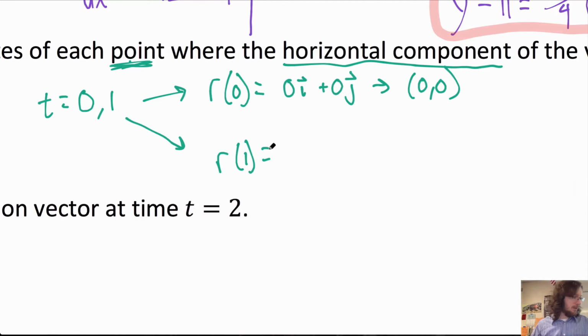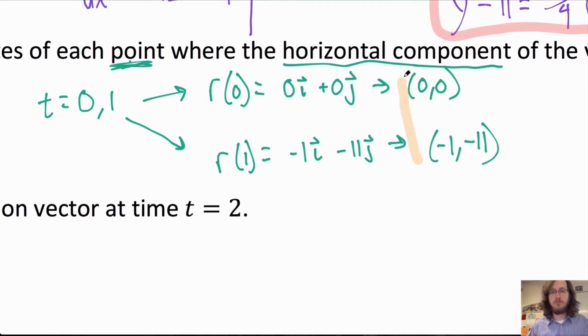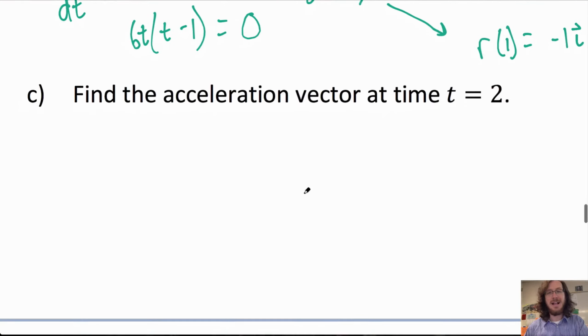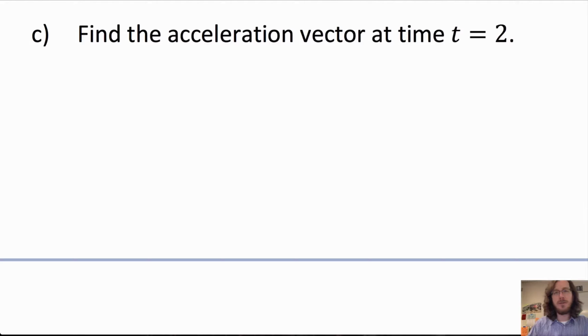And plugging in 1, we get negative 1i minus 11j, which gives us the point (-1, -11). Okay, so those are our two points where the horizontal component of the velocity is 0. Last one, part C: find the acceleration vector at time t equals 2.